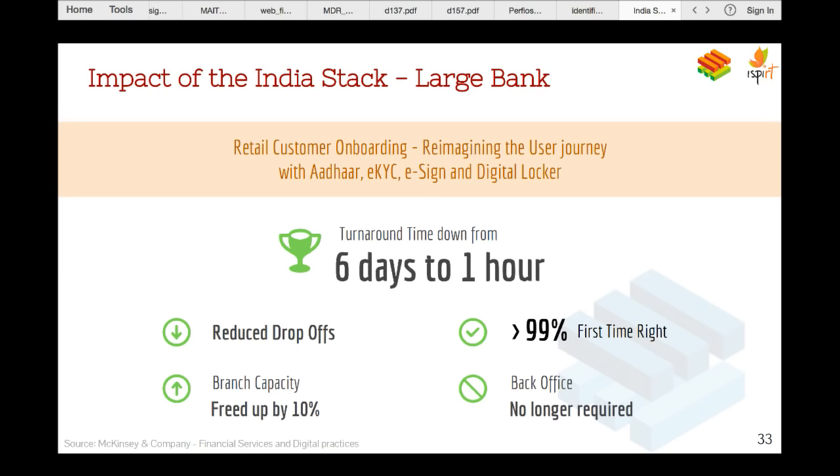And they took the process from 6 days to 1 hour. They reduced the drop-offs in the process because people, when it takes so long, will drop off partway in the middle of the process. They increased the number of times the data was first-time right, and they freed up the branch capacity to do a lot more.